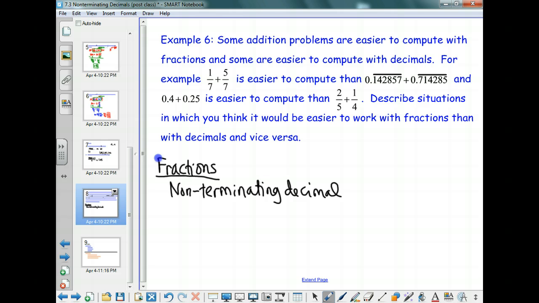But that's not always true, right? Because like 1/3 is a non-terminating decimal. If I wanted to add 1/3 and 1/3 together, I'd be happy to add those together as well. So what else would make fractions maybe easier to work with? And they have like the same denominator. That's a biggie, right? So if they already have the same denominator, or maybe even if it was easy to find a common denominator, right?